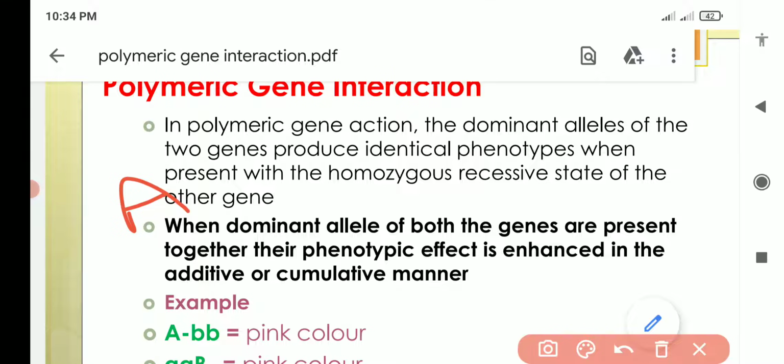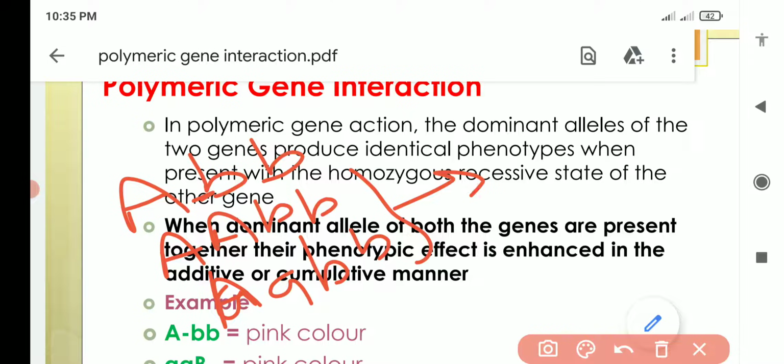When A is present with small b, either capital A capital A or capital A small a with small b, they will produce a certain phenotype, let's say pink color.